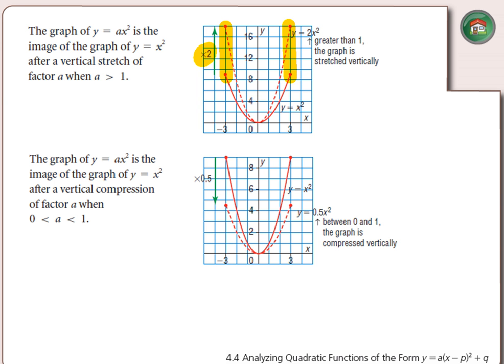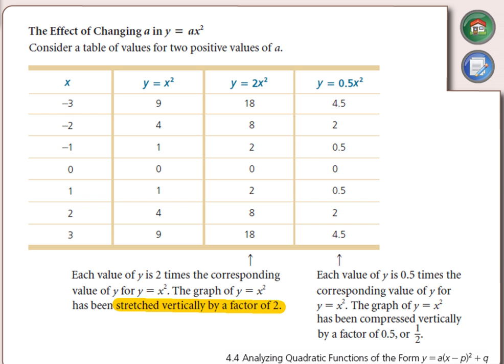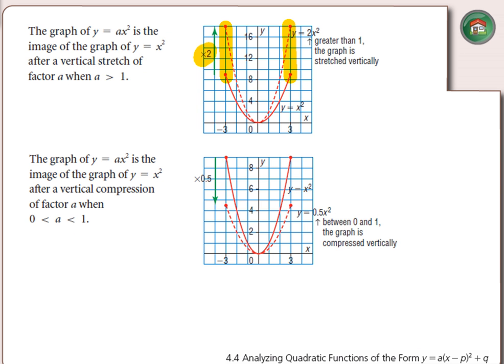And it's going to make it narrower. Now, if we have 0.5 in front, that means we're going to have it half as big, or in other words, a vertical stretch by a factor of 1/2. And on that graph, we're multiplying every one of those y values by 0.5, taking half of it. It's going to make it wider.